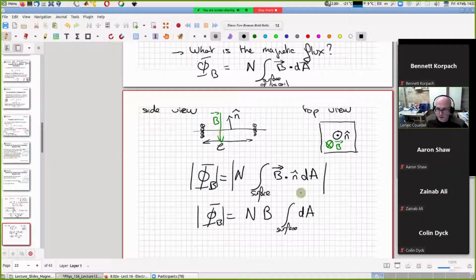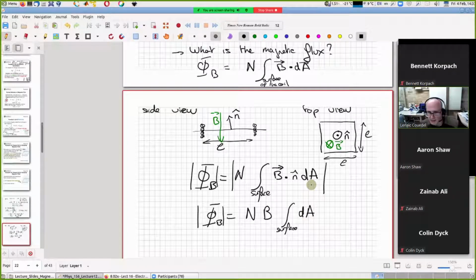This is a square. So what is the value of this integral? What is the surface of a square? Length squared. Yep.